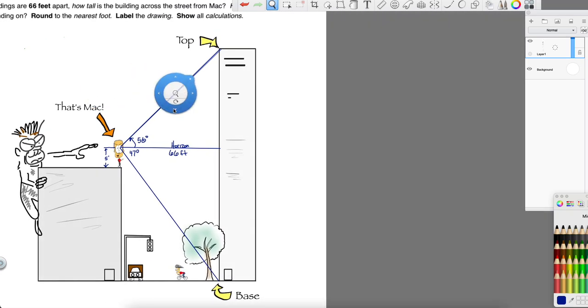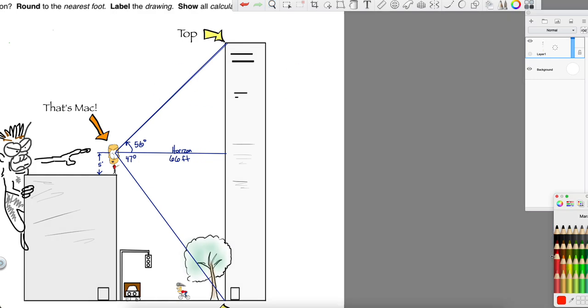Okay, so we are looking for height of the building across the street. Maybe call this height T for the tall building. And we're also looking for the height of the building he's standing on.